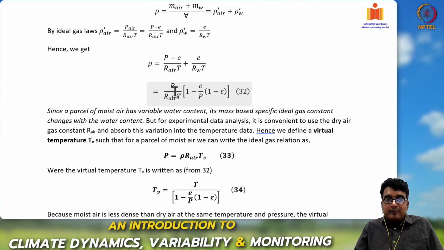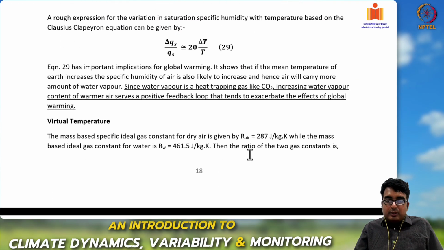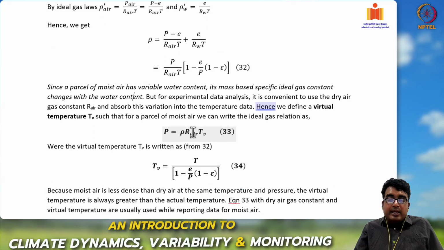So we write P equal to rho times the gas constant for dry air, R air, which is common, which is 0.287 kilojoules per kg Kelvin, correct? Or 287 joules per kg Kelvin, whichever you want to use, times a virtual temperature TV, which is written as T divided by this expression, 1 minus E by P times 1 minus epsilon.